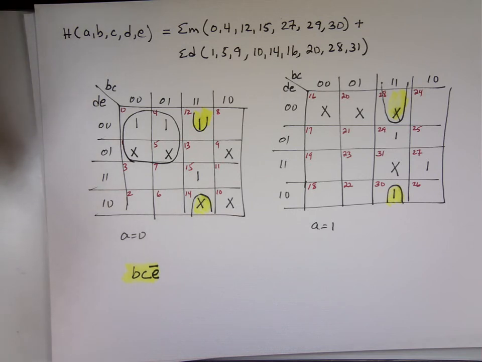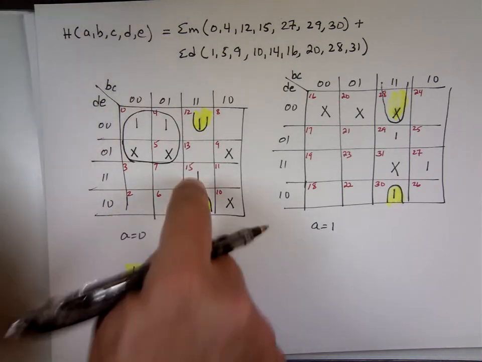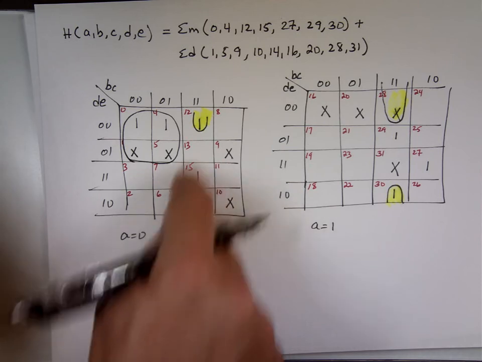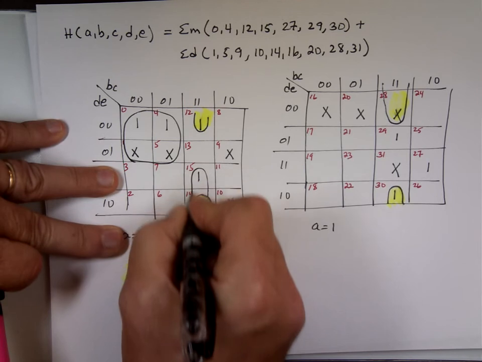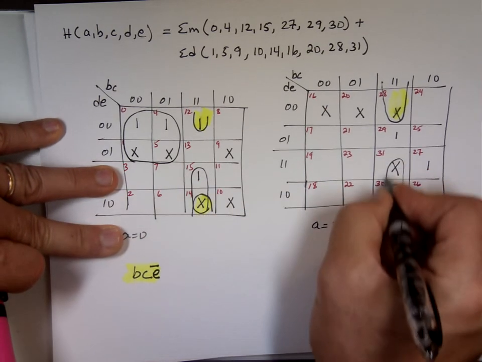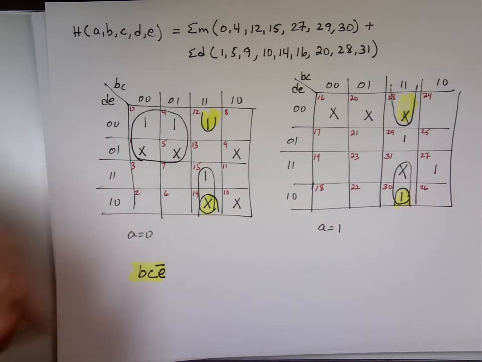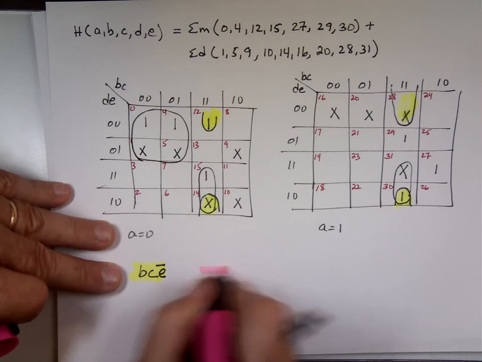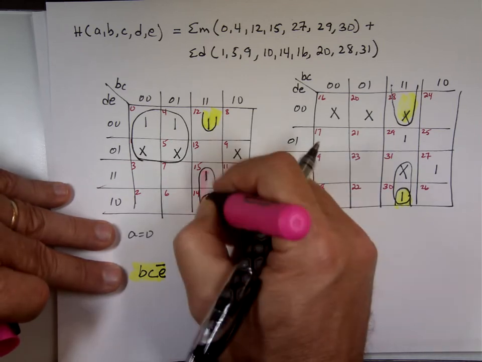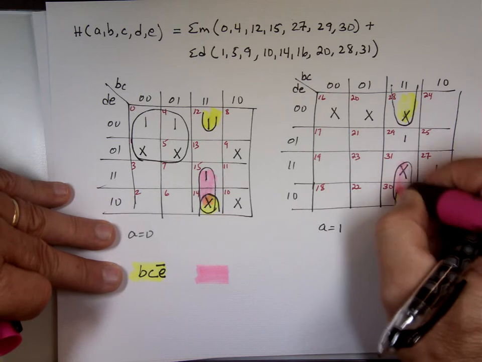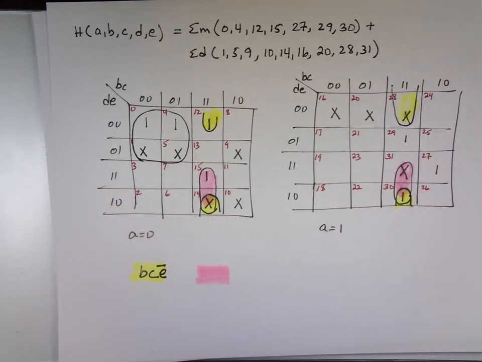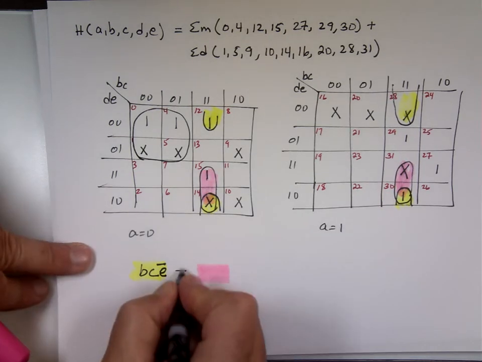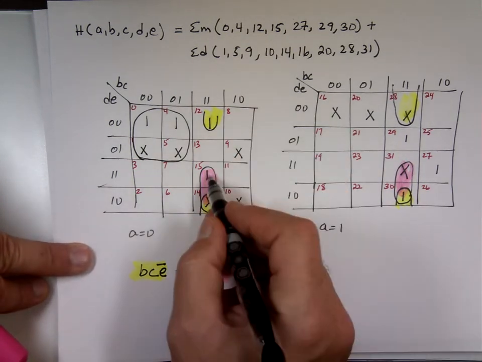Notice to get this one, I can do these 2, but I'm not going to do the 2 because I'd rather take these 2 with these 2. So if I take these guys, I'll cover this one. BC.